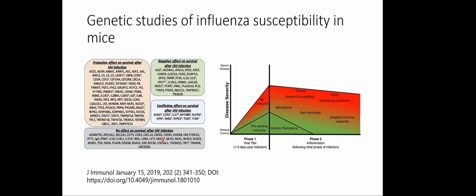And what was interesting is this very long list of genes that had a protective effect on survival. So you lose a gene and you gain resistance to influenza infection.